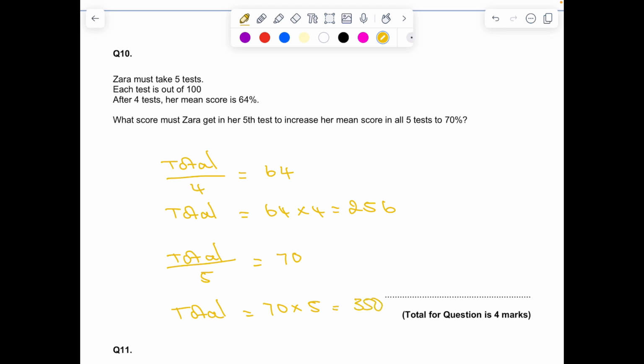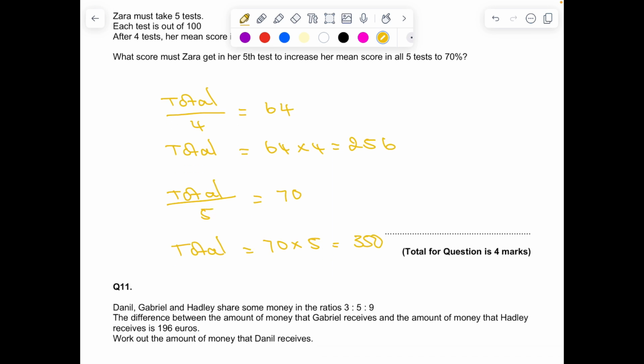So we find the difference between 350 and 256 to say how much more she needs to get. So 350 take away 256, which means that in her last test she needs to get 94%, which is a lot, or 94 out of 100.